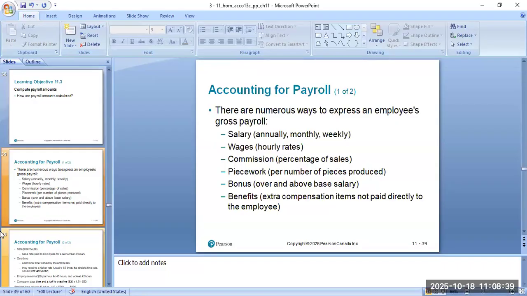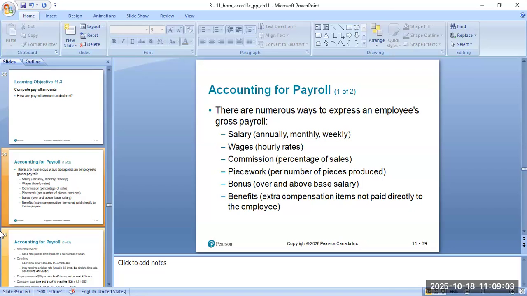So let's see this. There are a number of ways to express employee payroll cost. We may have a salary, wages, commission, piecework, bonus, or benefits. Salary can be annual, monthly, weekly. Wages means you're paid hourly.